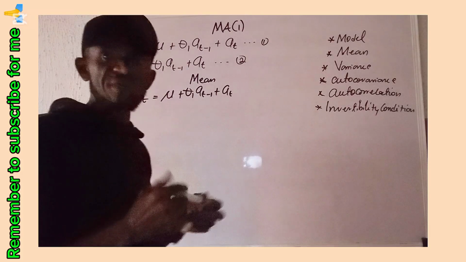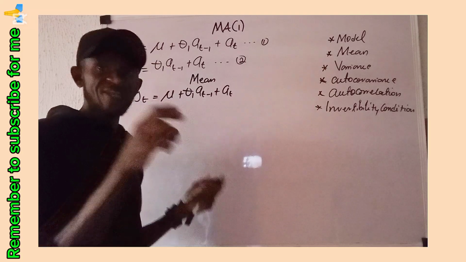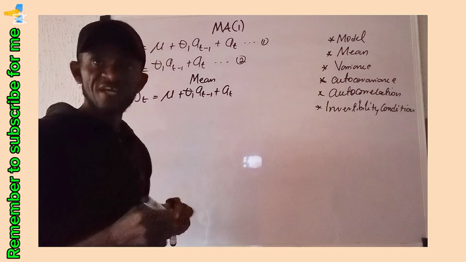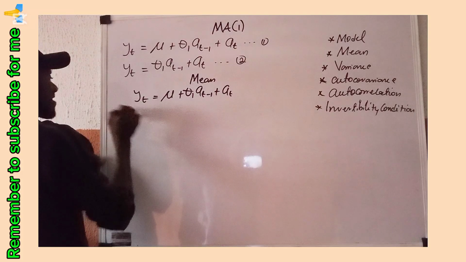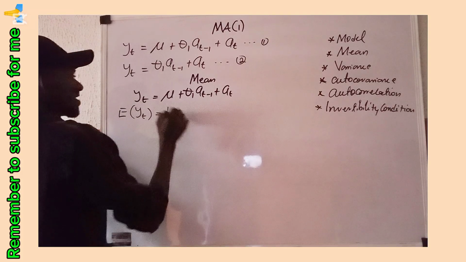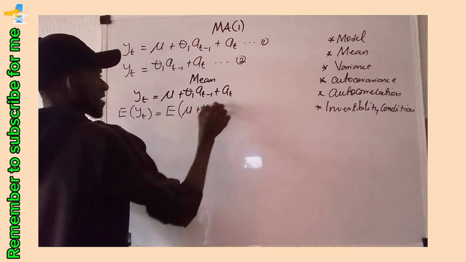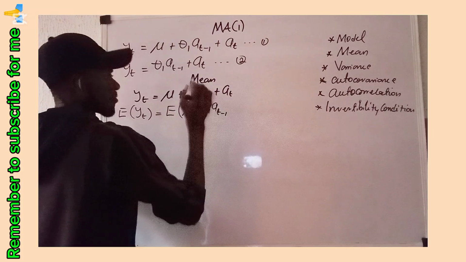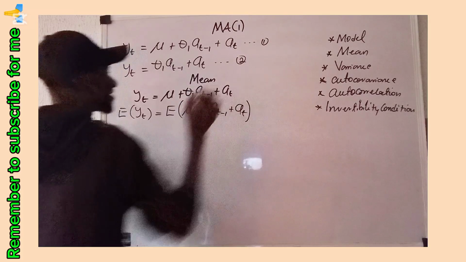To obtain the mean of any model or equation, we take the expected value of both sides of the equation. So what I have here becomes that E of y of t is given as E of mu plus theta 1 a of t minus 1 plus a of t, close the bracket.